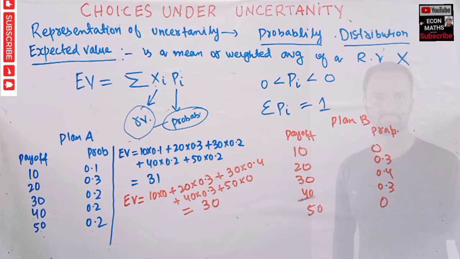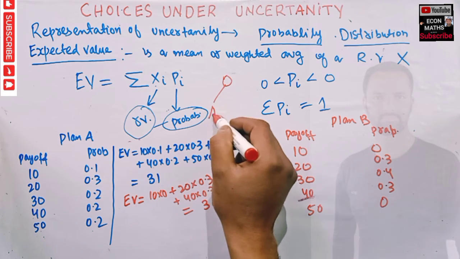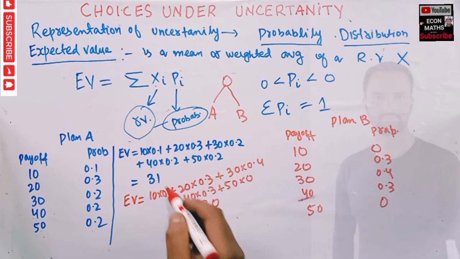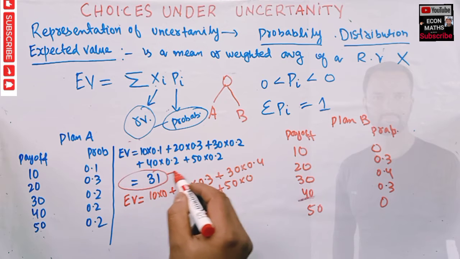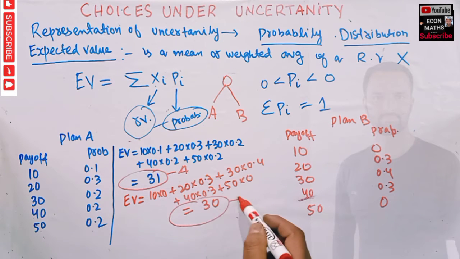Now we have a consumer. He has options. He will choose either plan A or plan B. In this case the expected value from plan A is coming out to be 31 and the expected value from plan B is coming out to be 30.